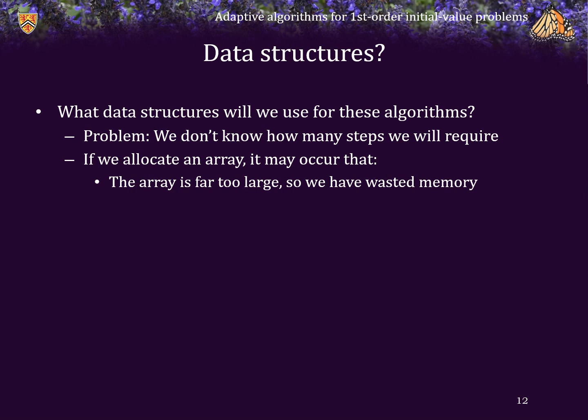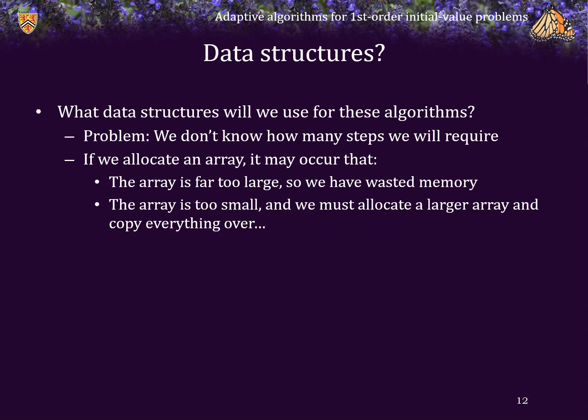However, if at the end we decide to resize the array and make it smaller, then we're going to have wasted time. If the array is too small, then we must allocate a larger array and then copy everything from the smaller array over to the larger array before we continue. Once again, a problem. The other issue here is that if we were to, say, double the array capacity if it becomes too large, then this may actually also, once again, result in order n wasted memory, especially if we only need a few more entries.